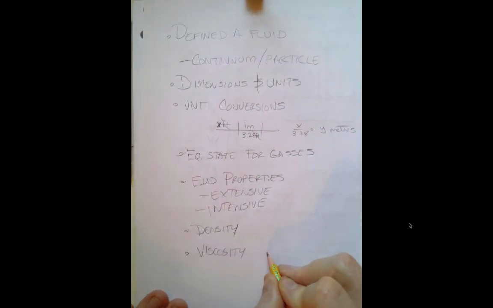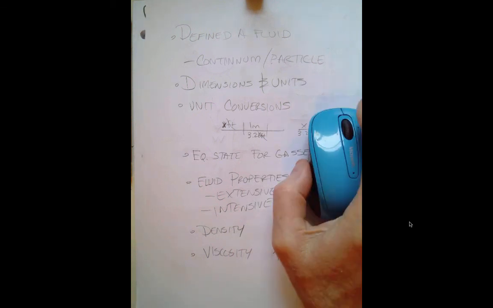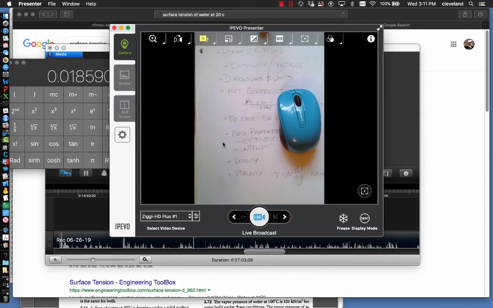Viscosity, tau equal to mu dV/dy for a Newtonian fluid, and otherwise mu becomes an apparent viscosity phenomenon. That's pretty much Chapters 1 and 2 of Civil Engineering 3305. Thank you for your attention. And that concludes this part 3 video for lesson number 2.